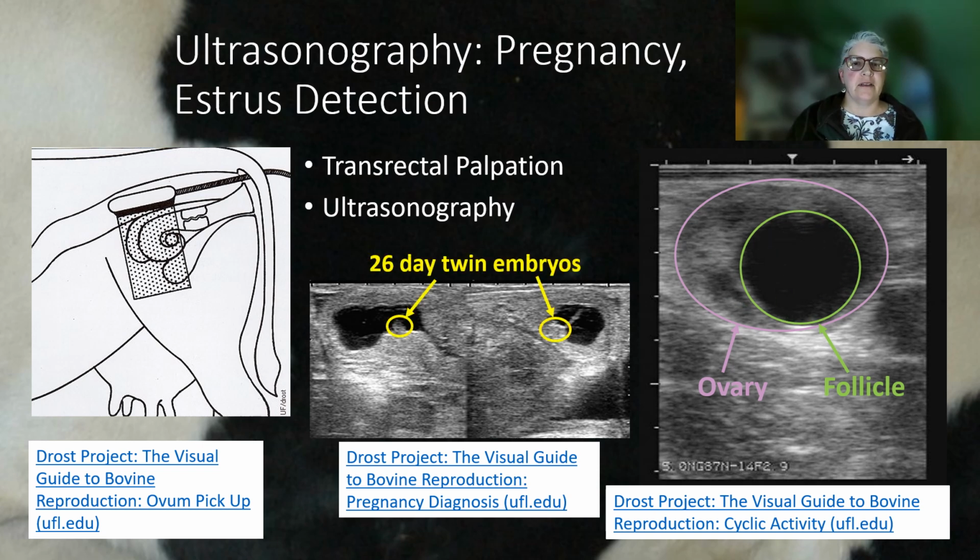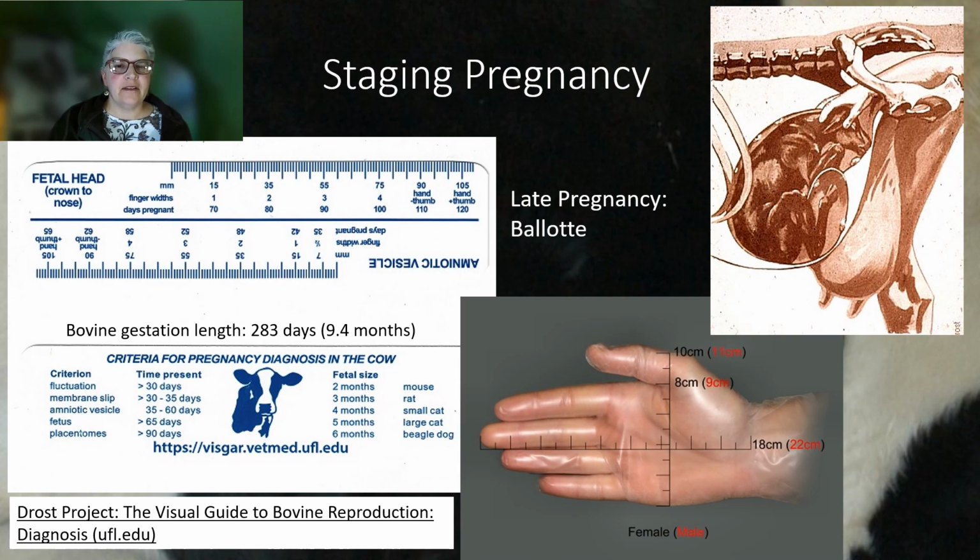As early as 26 days, you could detect, in this case, twin embryos, these little lumps here inside their amniotic vesicles.